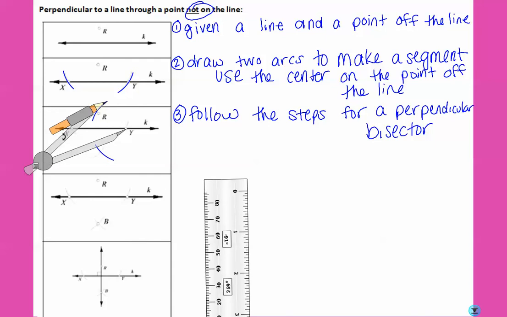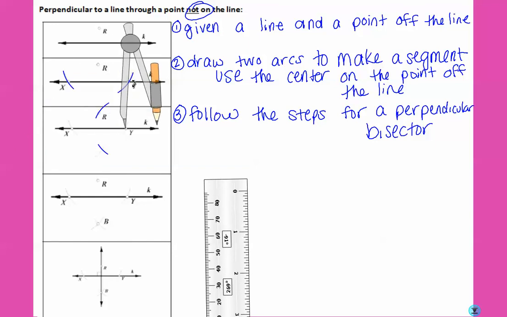Then I'm going to spin my compass around. So I've got my arc below and an arc above from the Y endpoint. Going to spin it around and move it to the X endpoint. Make my arc above.